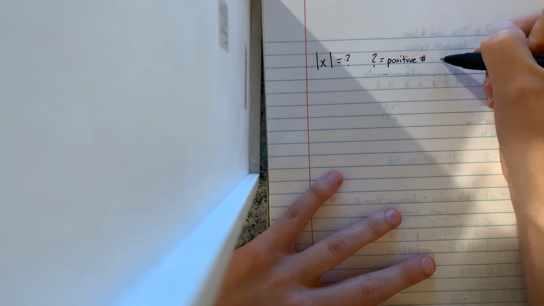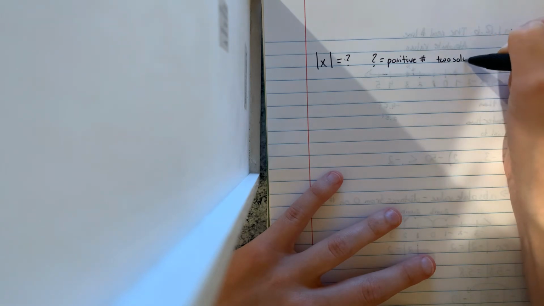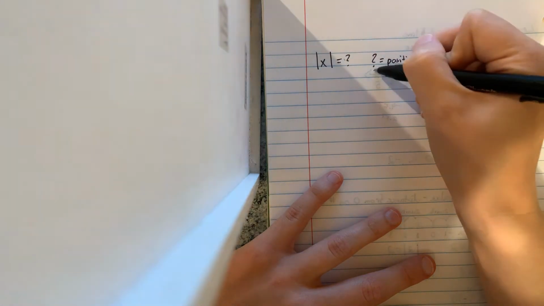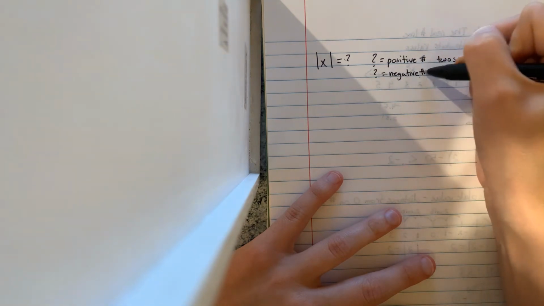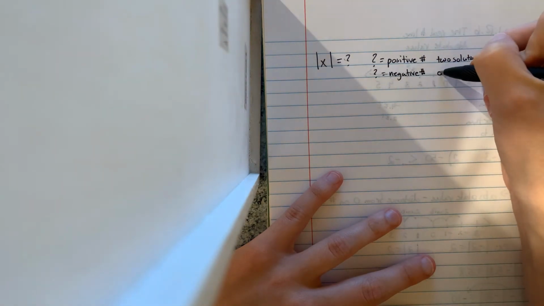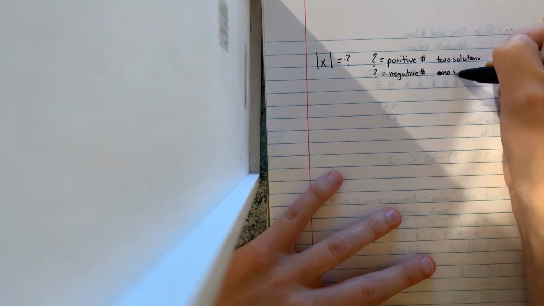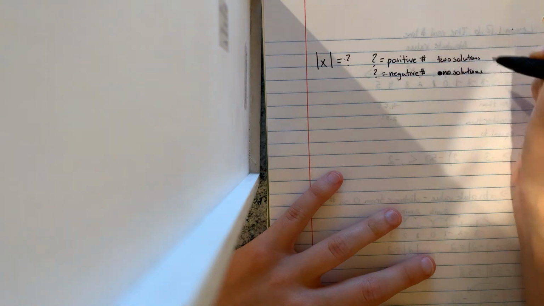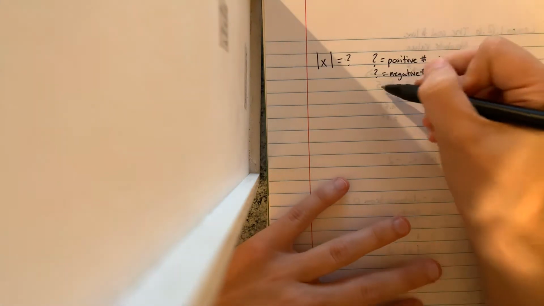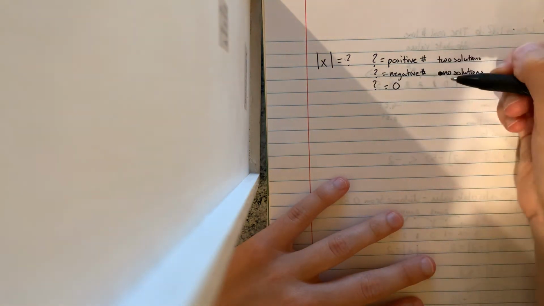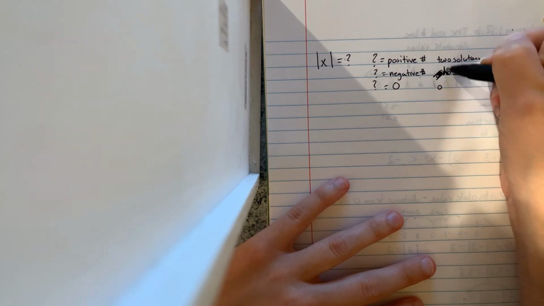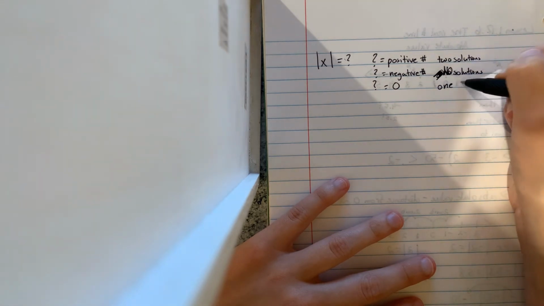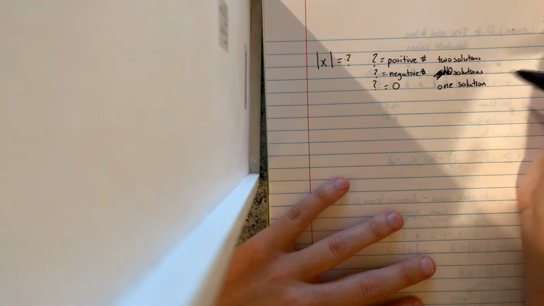Well, that would mean that they'd have two solutions. If this question mark is a negative, they would have to have no solutions. Okay, absolute value can't equal a negative number. If this value is 0, this one would have the one solution.